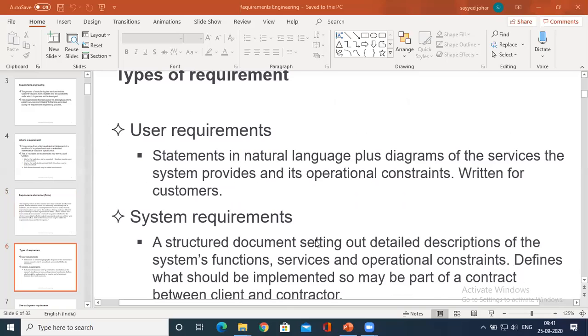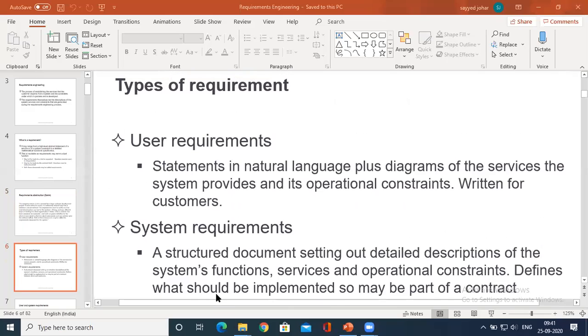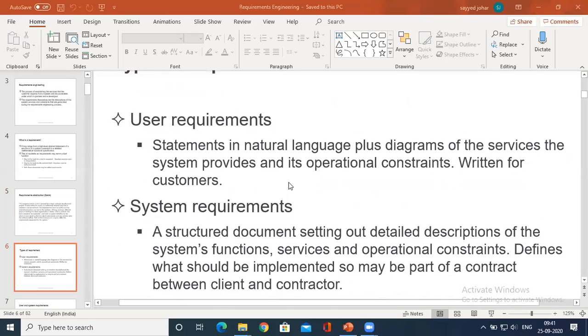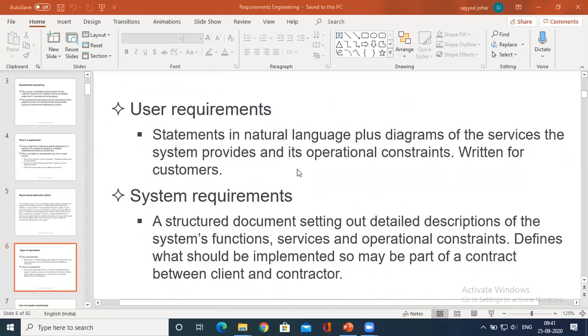Requirements could be divided based on the types of requirement. A few of the requirements may be user requirements and a few may be system requirements. User requirement is purely goal oriented with respect to the customer, in purely natural language or in terms of diagrams.